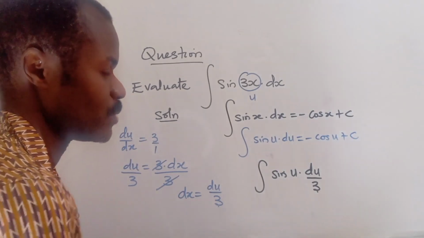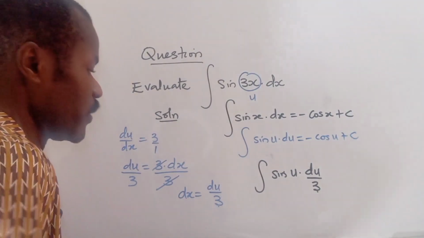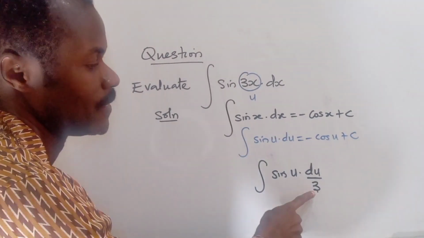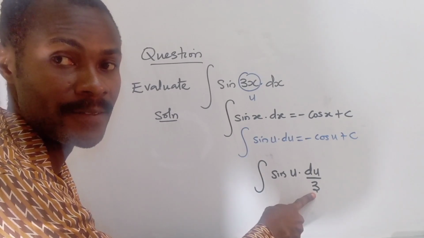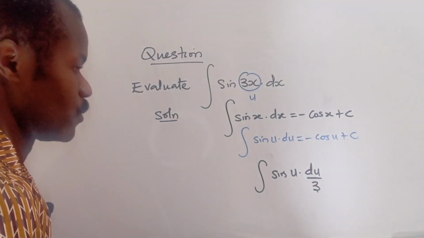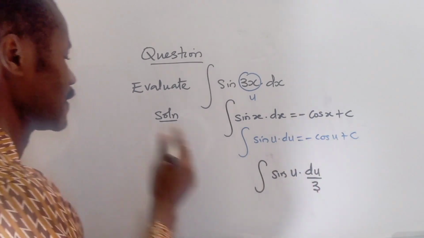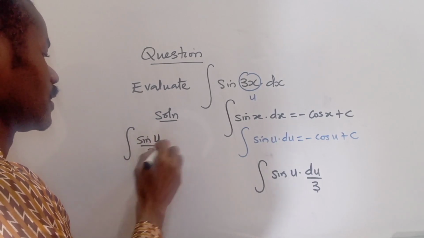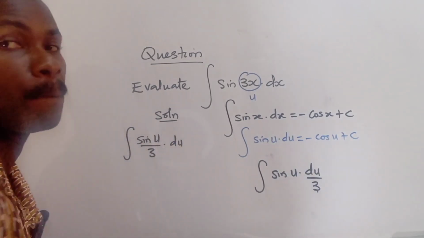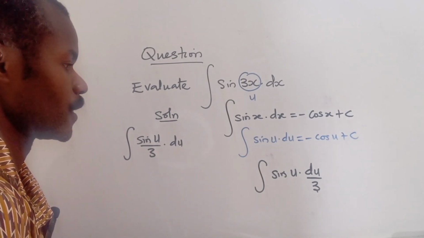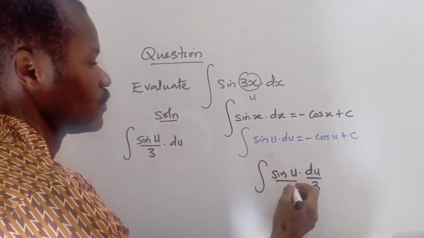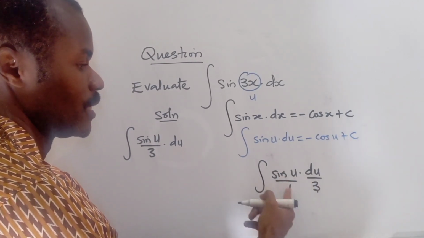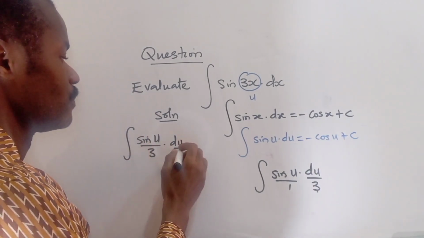At this point, we can bring out this 3 as a constant. Now, what do I mean? This can simply be written as sine u over 3 du. You see that? Because if I put this over 1, then 3 times 1 here is 3, so we have it in this form.